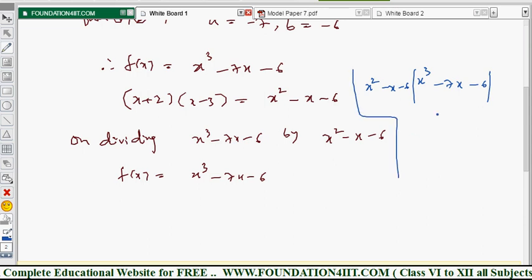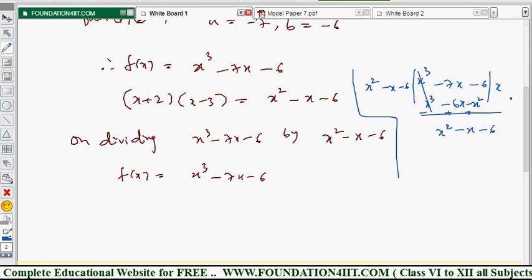Let's do it separately. x square here, x cube. So keep x and multiply this: x cube minus 6x minus x square. Take this x and multiply everything, writing in order. And by changing the sign, minus plus plus, then after cancellation of x square, we get x square minus x minus 6.